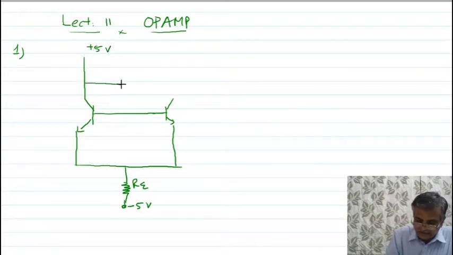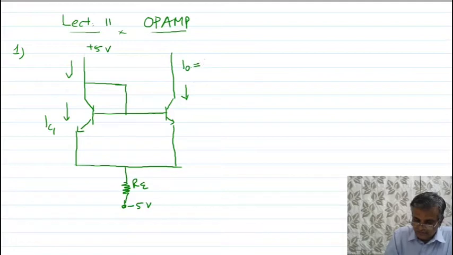The collector is connected to the base of both the transistors. This is your IC1. Here I am showing you this is your IC2. This is IO, current IC2. This transistor is Q2. This transistor is Q1.